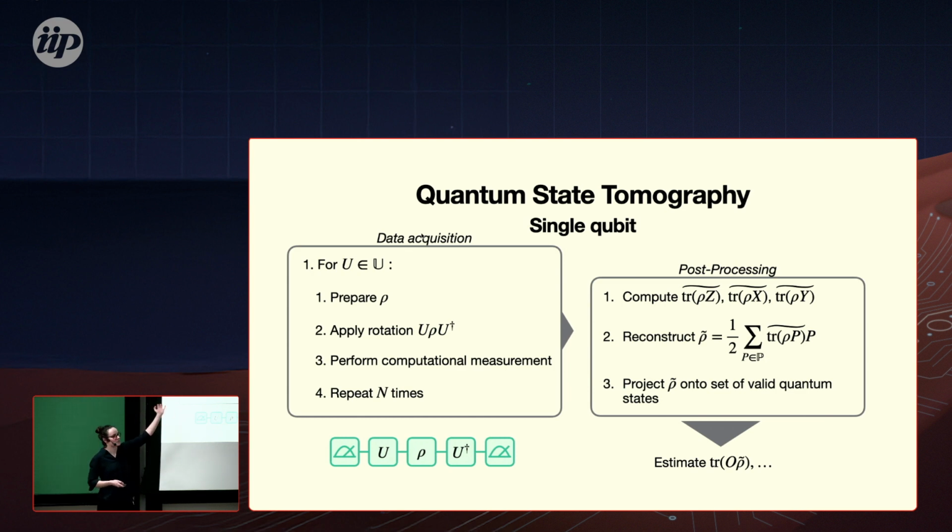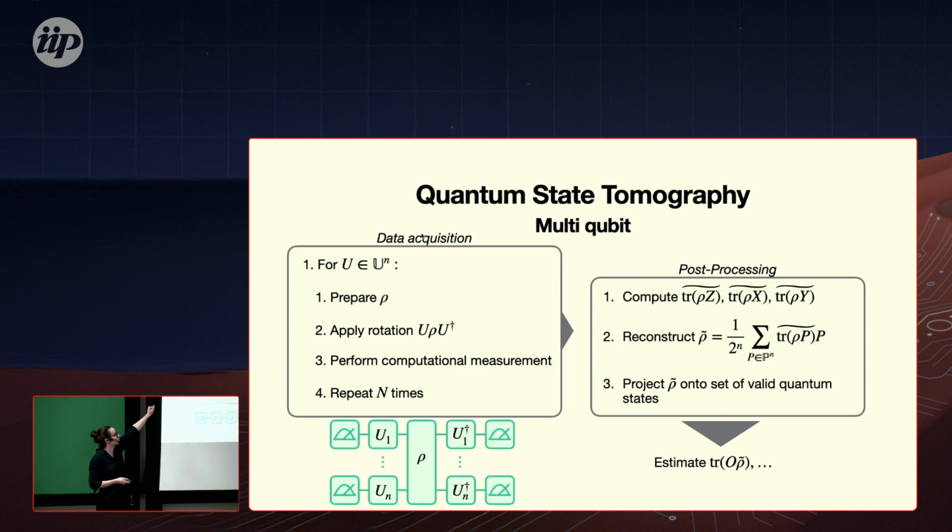And this is now for the single qubit case. And for the multiple qubit case, we see that we not only have to look at three U's, but 3 to the power of n many Pauli words that we need to estimate, that we just apply in a tensor network structure to our quantum state. And then we need to, of course, take into account the multi-qubit decomposition.